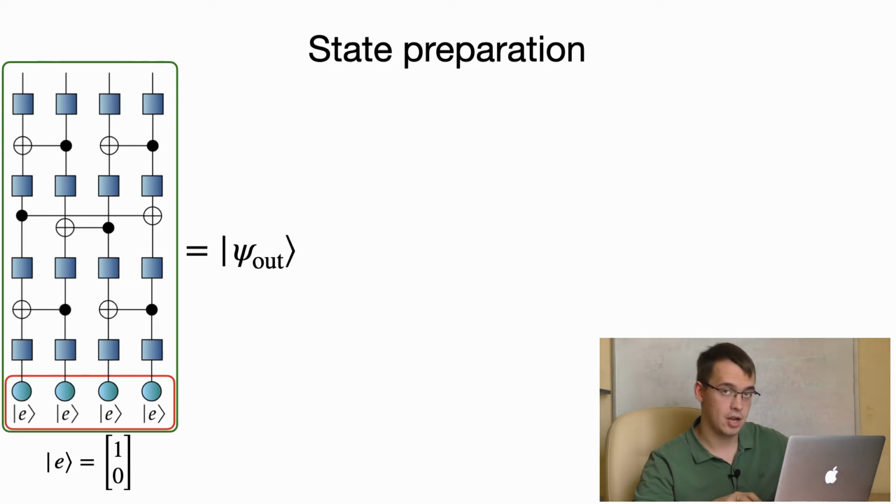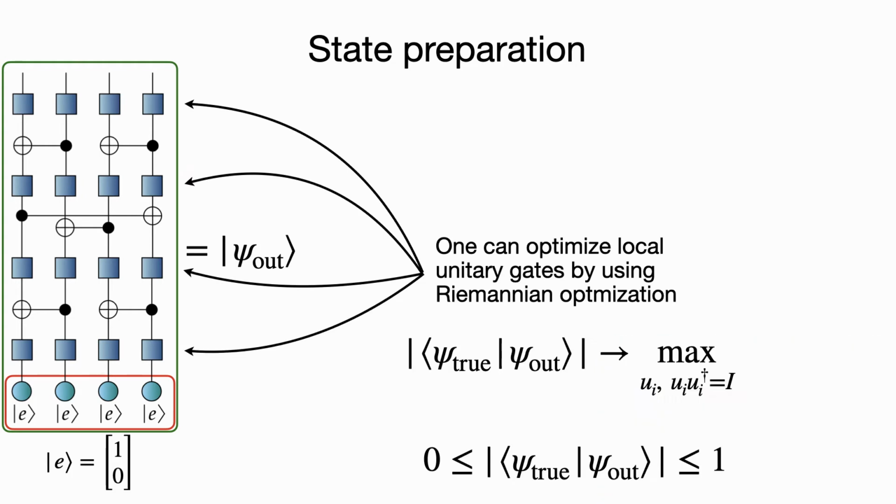We can adjust local unitary gates in order to achieve some desirable quantum state. It can be done, for example, by maximizing quantum fidelity between desirable quantum state and the output state. On this slide, desirable quantum state is represented by psi true, and output quantum state.